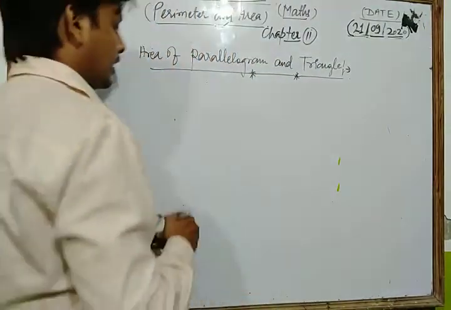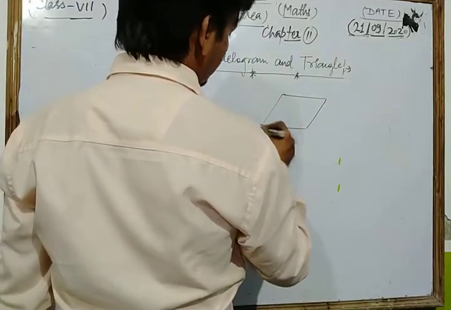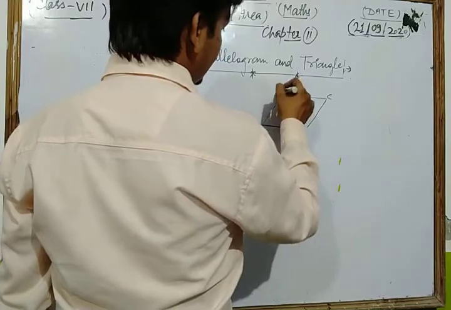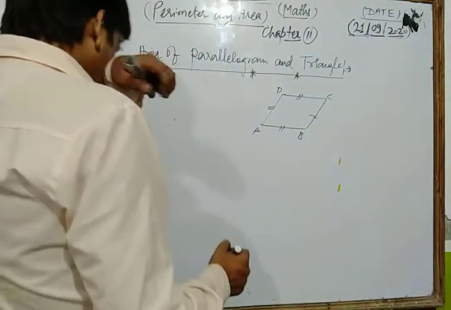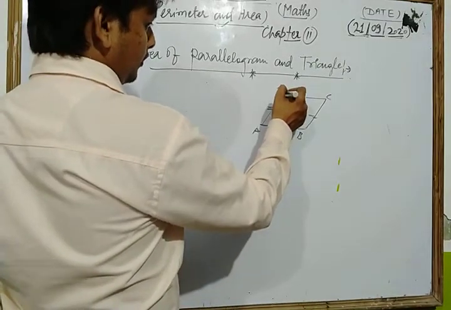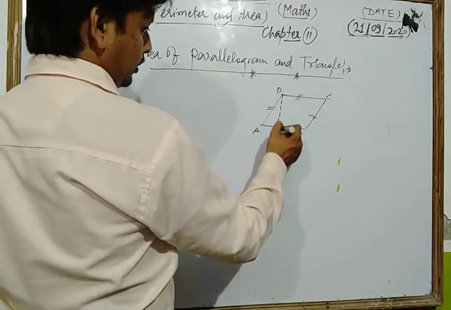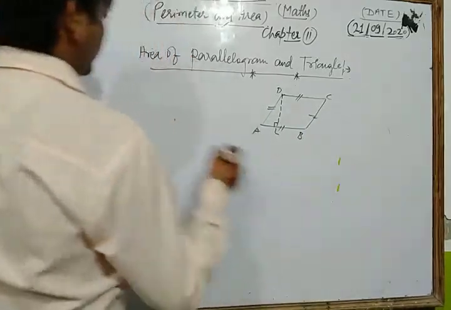Dear friend, you know that in a parallelogram opposite sides are parallel and equal. Suppose ABCD is a parallelogram in which opposite sides are equal and parallel to each other. Suppose this is the base of the parallelogram, and DL is perpendicular to that base.